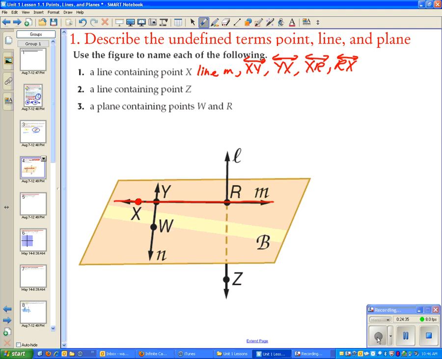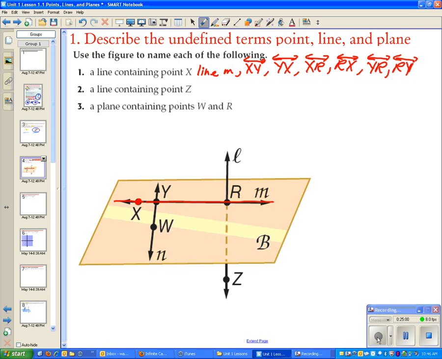And you can even call it line YR. That's the same line, isn't it? It's still that one I put in red. Or line RY, and I think that's all of them. And again, I'll take one correct one unless it tells you to list all of them or 3 of them. But any of those would be correct.